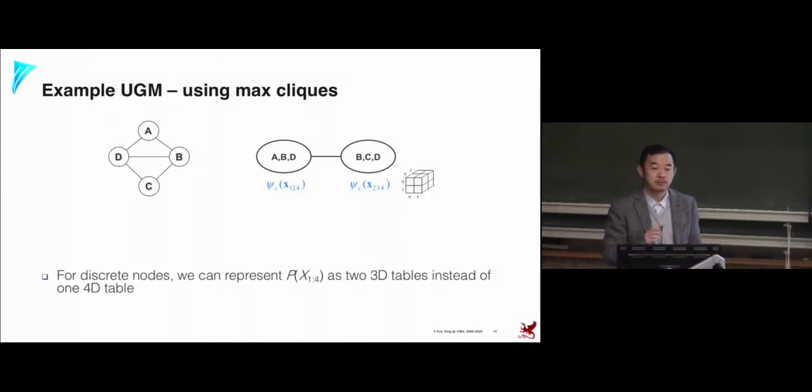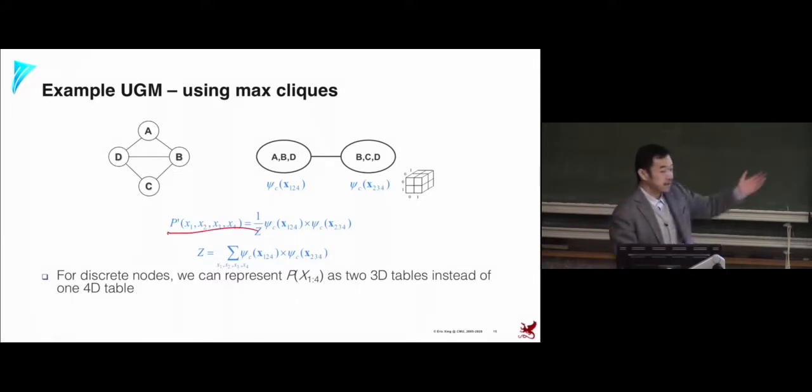Therefore, you need to use a cube, which is a three-dimensional table, to put numbers for every possible configuration. So that's a clique function. And therefore, your joint distribution is basically defined by the product of two potential functions defined on the max cliques. Of course, computing these requires you to sum over all the configurations of the four random variables.